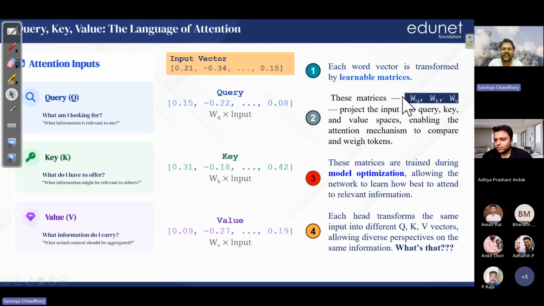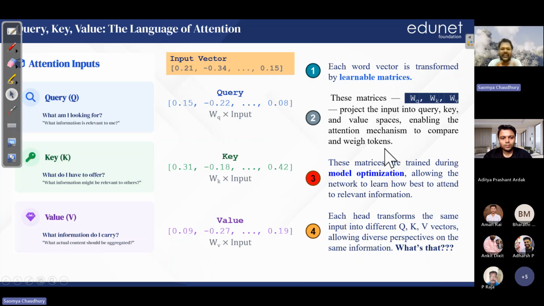These matrices are denoted mathematically as WQ for the query matrix, WK, and WV, where W means weight: the query weighted matrix, the key weighted matrix, and the value weighted matrix, which project the input into query, key, and value spaces, enabling the attention mechanism to compare and weigh the tokens.